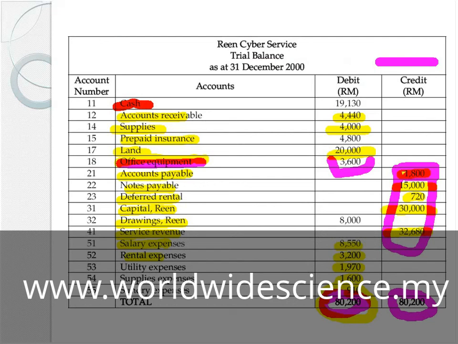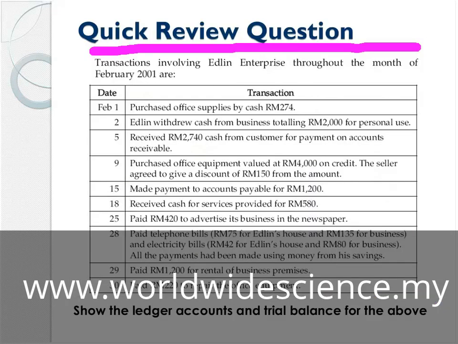You must have a balance in total. You can do it in the next session, or you can email me if you have already done this. You can just email me before the next session. If anyone didn't understand or cannot do this exercise, we will do it in the next session. Okay?